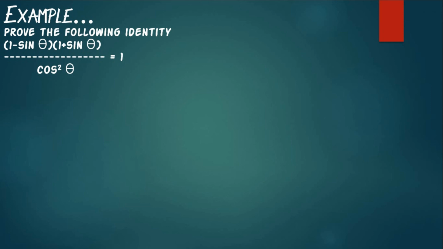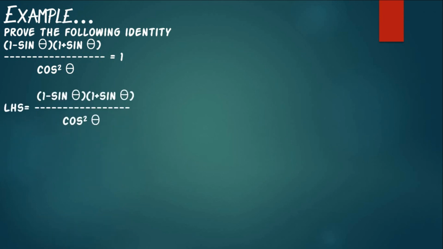To prove this identity is very simple. You just take the left hand side, which is 1 minus sine theta multiplied by 1 plus sine theta, over cos squared theta. You have to prove that this left hand side is equal to your right hand side, which is 1.